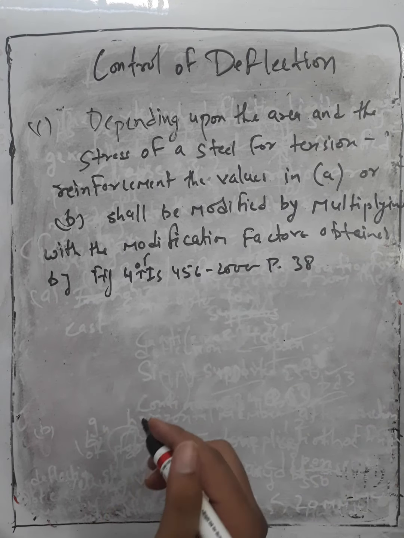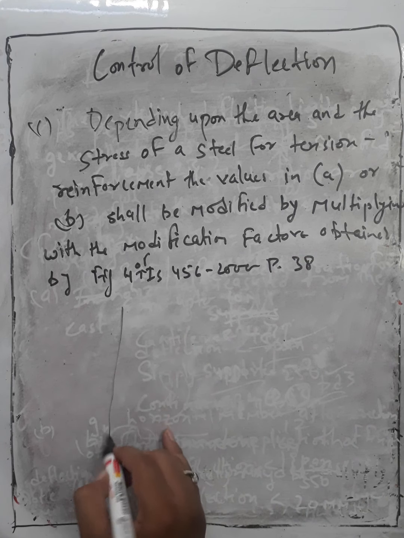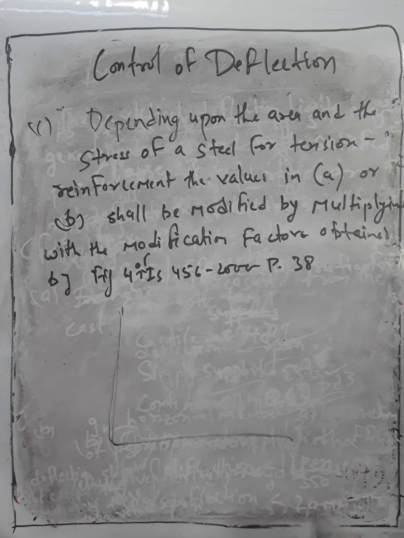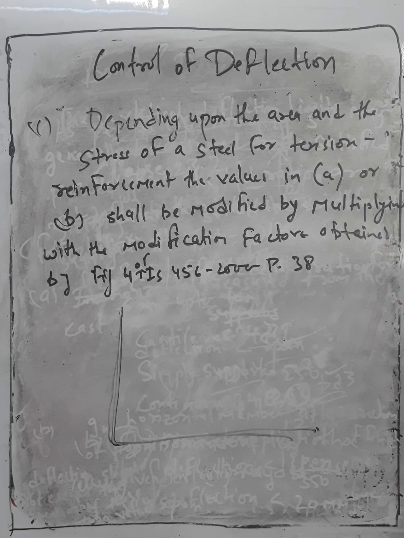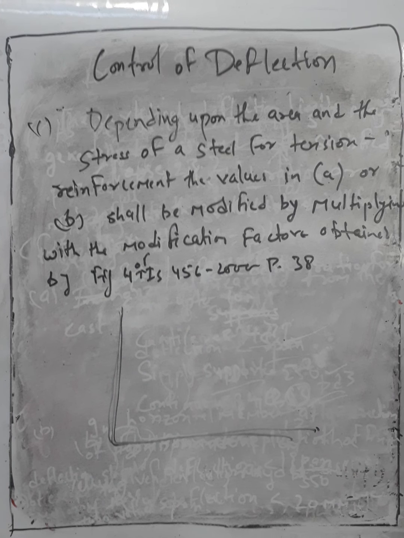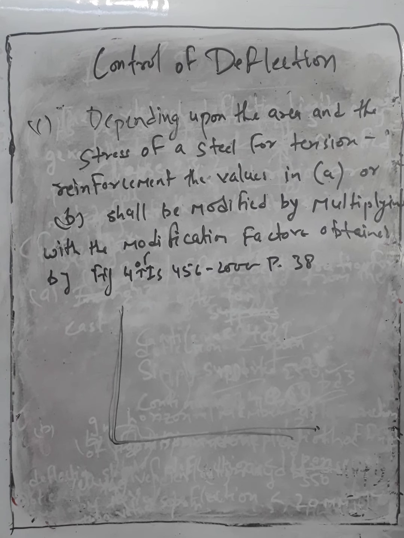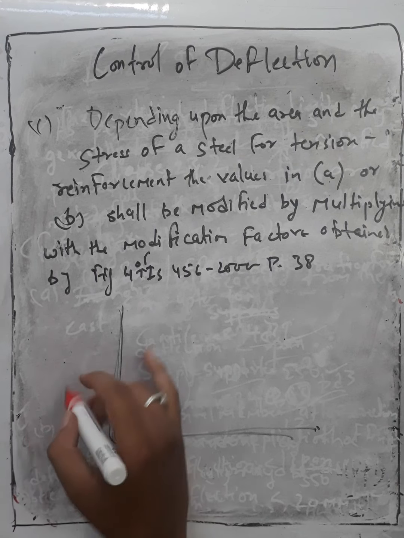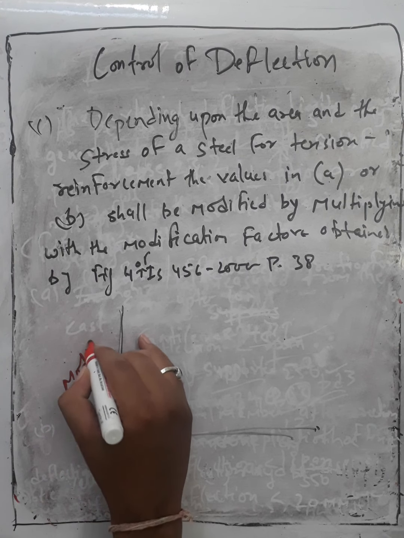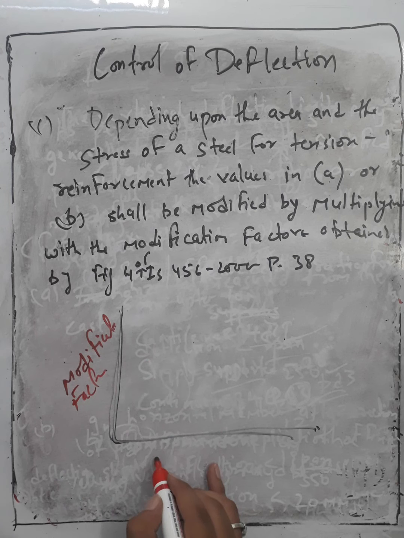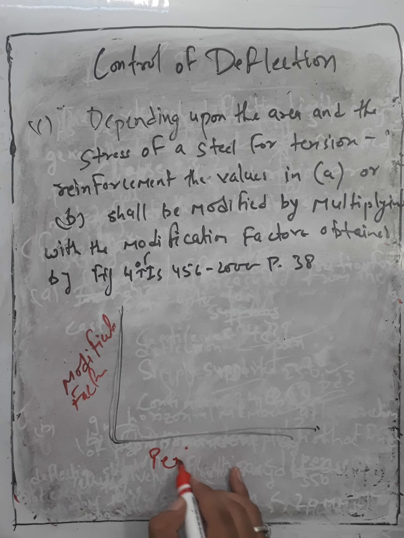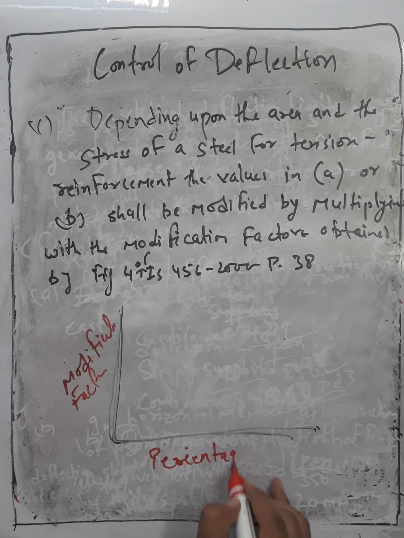When you refer to this IS code, you find a diagram like this, which is given in IS 456. In that diagram you have the modification factor and the percentage of tension reinforcement.